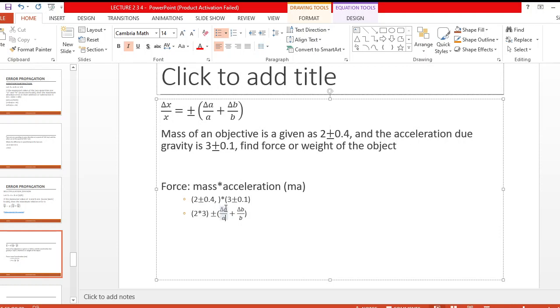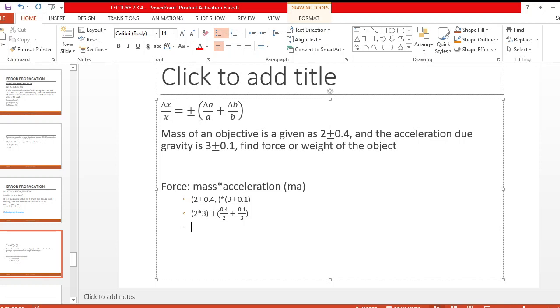So the error for the first value is 0.4 and its true value is 2, and the error for the second value is 0.1 and its true value is 3.